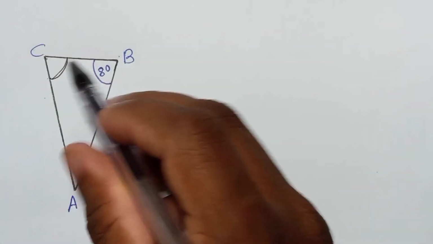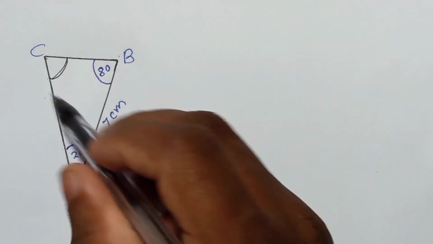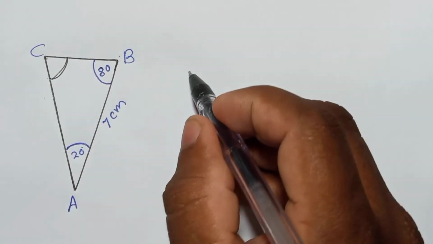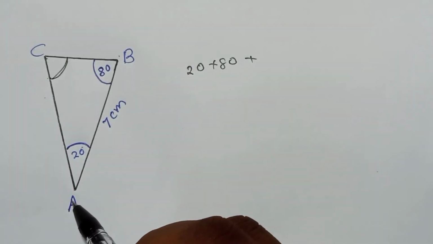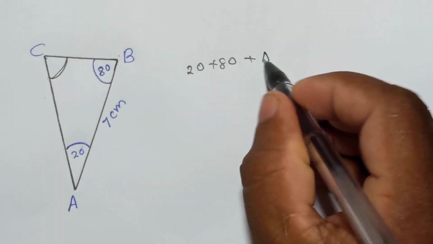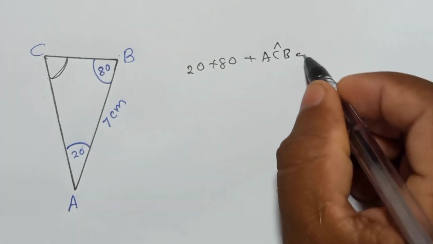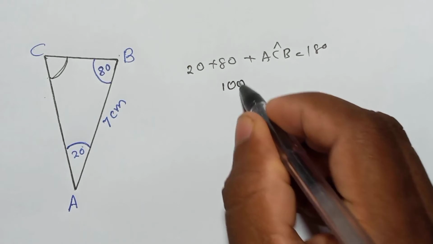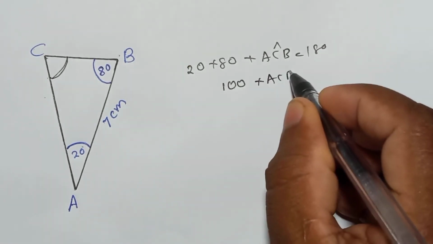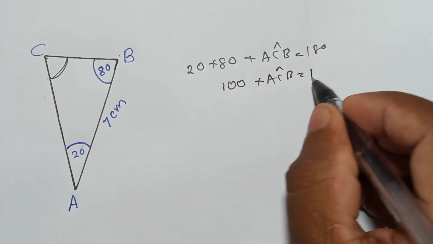You know, in a triangle the interior angles add up to 180, so you can write 20 plus 80 plus this angle, which we can call ACB, equals 180. With that you can get ACB, right?